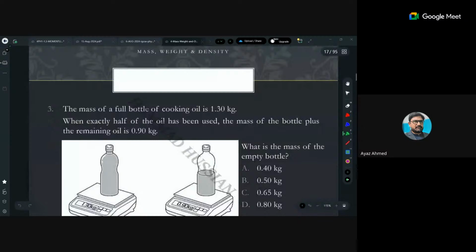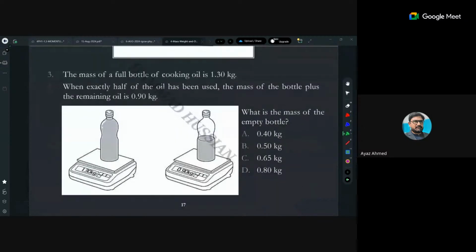Okay, this is a question. This is a harder question of your density. Okay, but check that the values are given to you in kgs. Check this one out, that mass of a full bottle of a cooking oil is 1.3 kg.